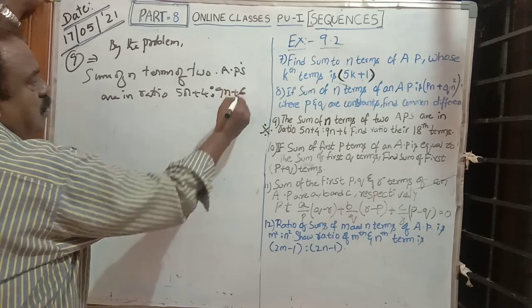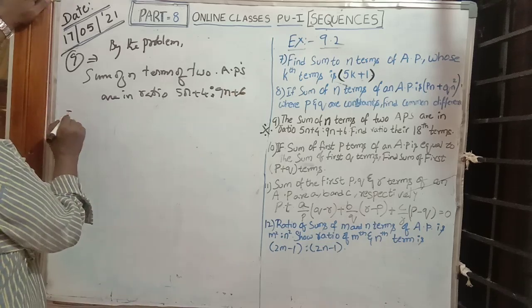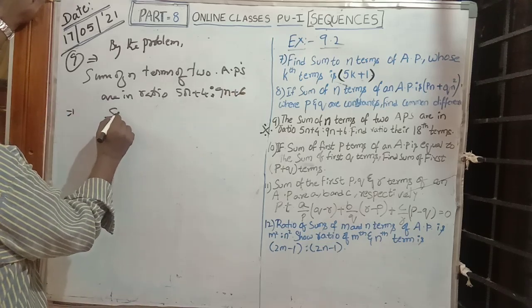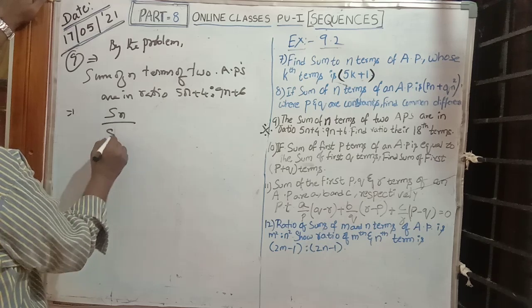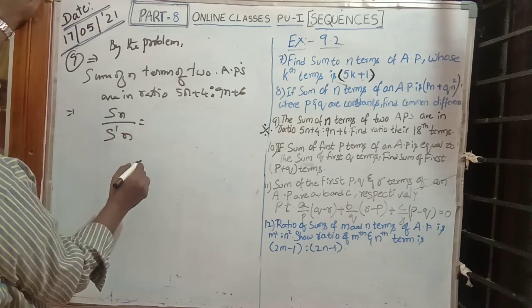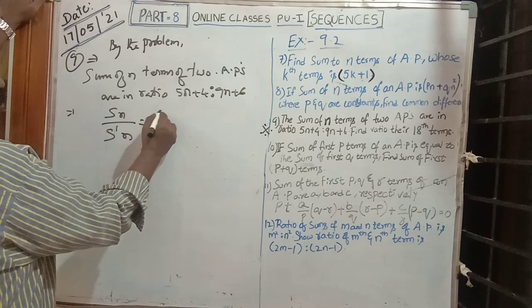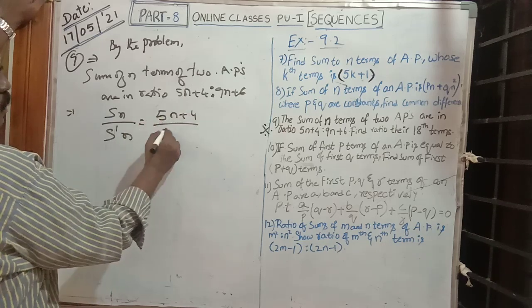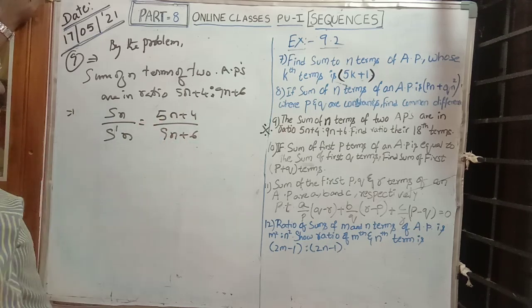That implies Sn by S dash n is 5n plus 4 by 9n plus 6.